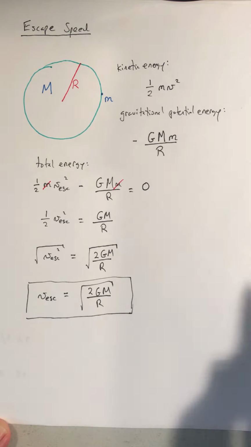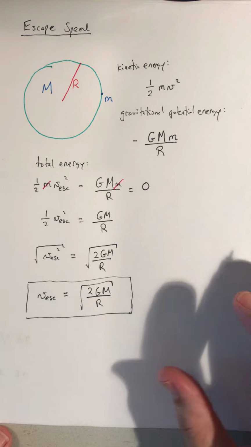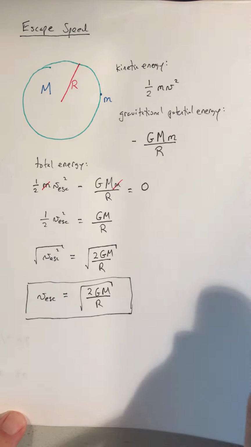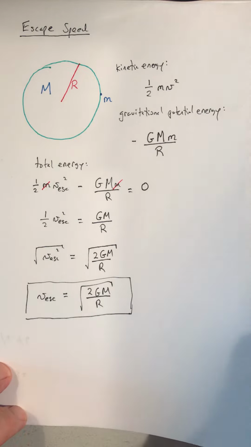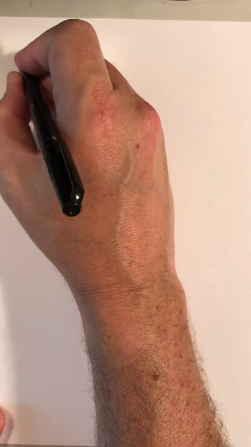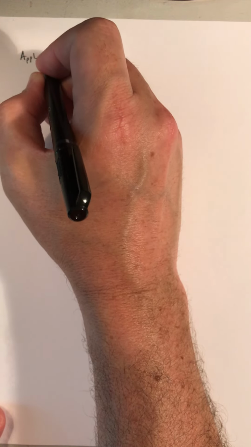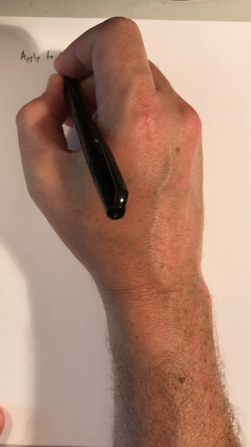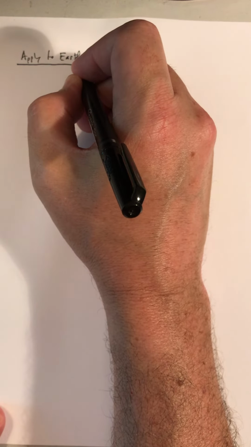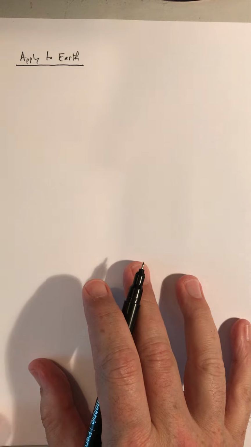Now let's do a couple examples. I'm going to take that relationship that we just developed, and first example, let's apply it to the Earth. And let's get our constants that we're going to need.